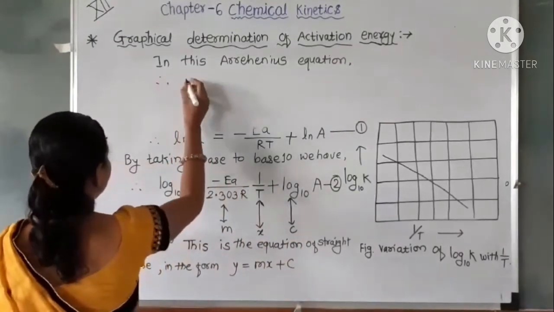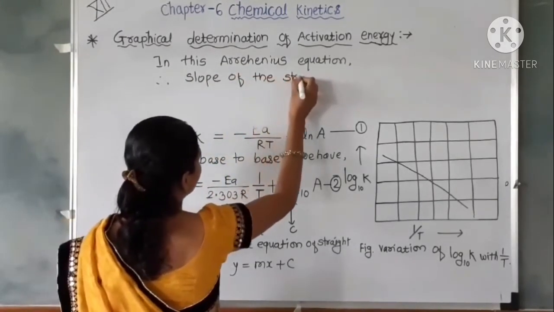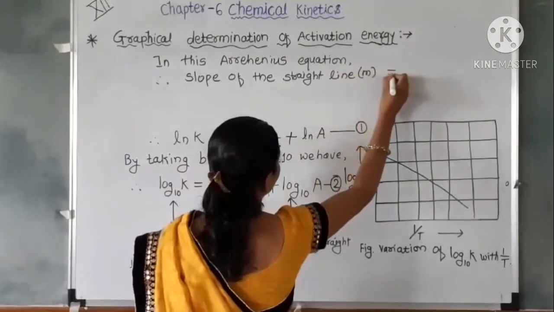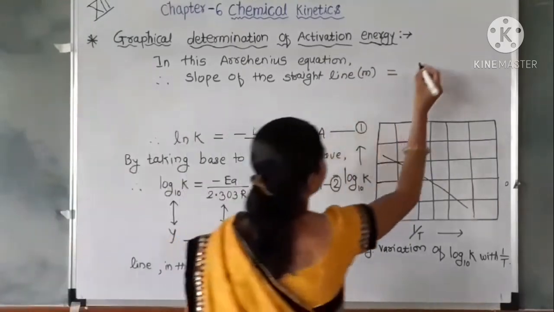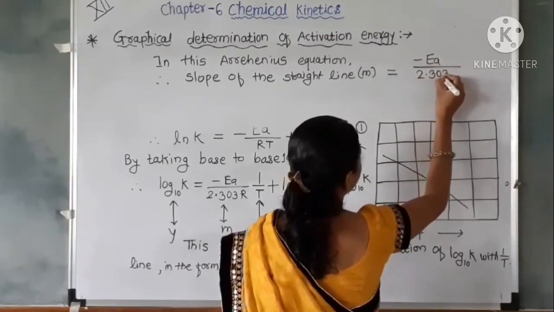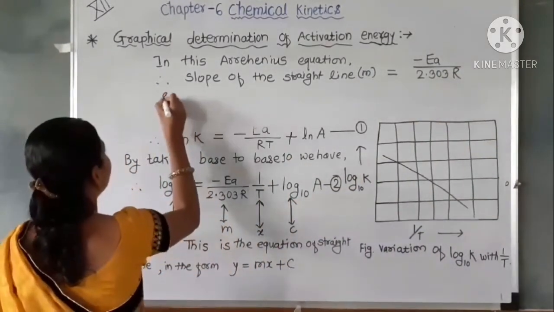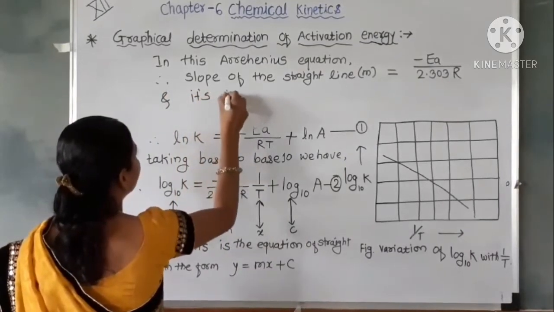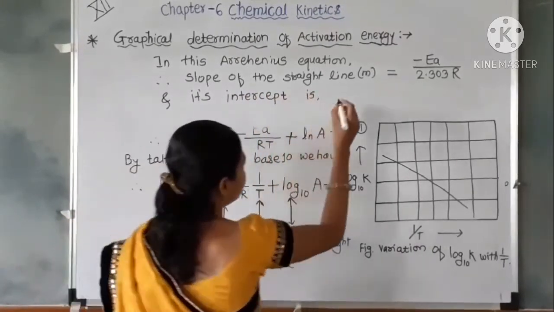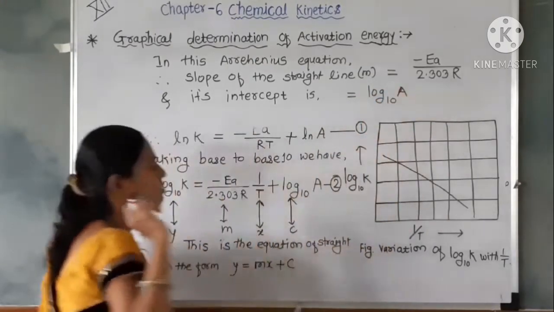Therefore, we conclude that the slope of the straight line m is equal to minus Ea, the activation energy, upon 2.303 R, and the intercept is log to the base 10 A.